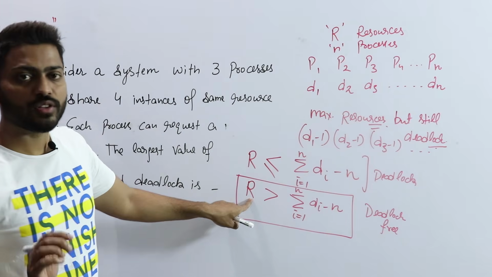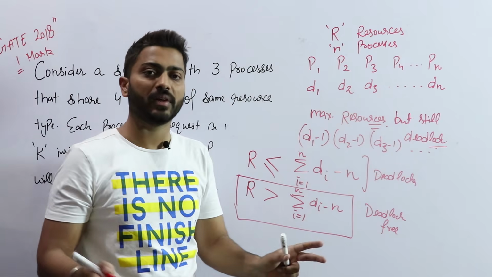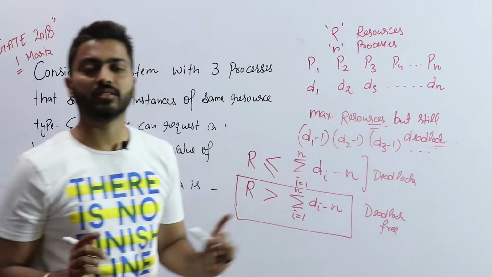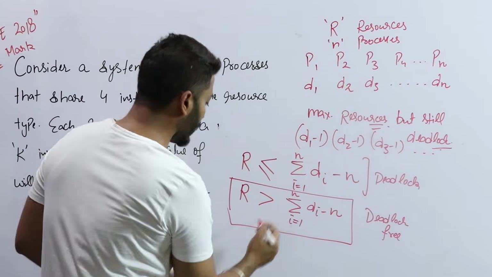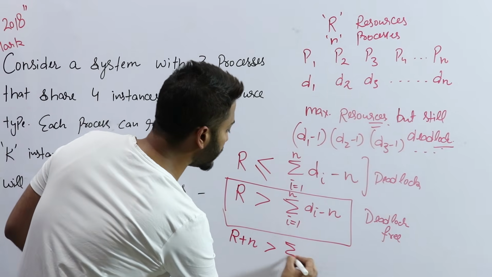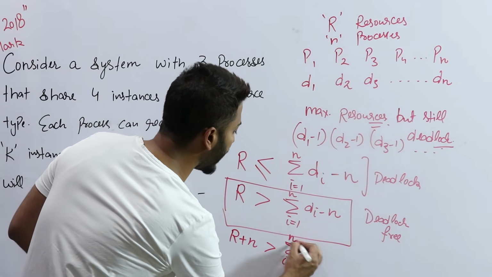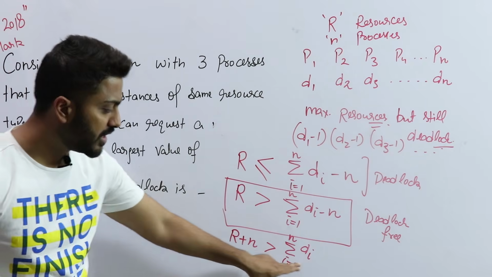Means the number of resources I have provided is more than the summation of all the requirements minus n, that is the number of processes. So we can say R plus n should be greater than the summation of i equal to 1 to n of Di.